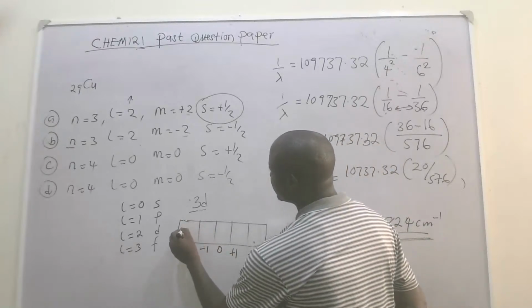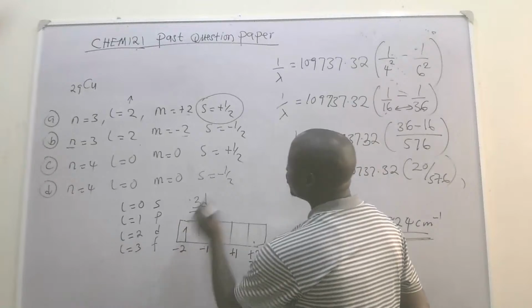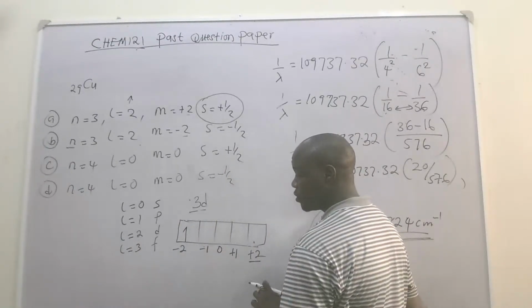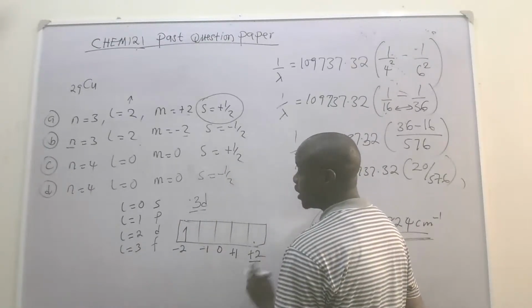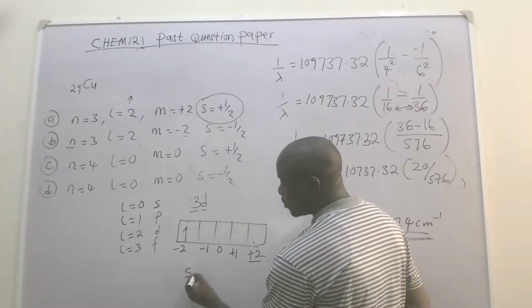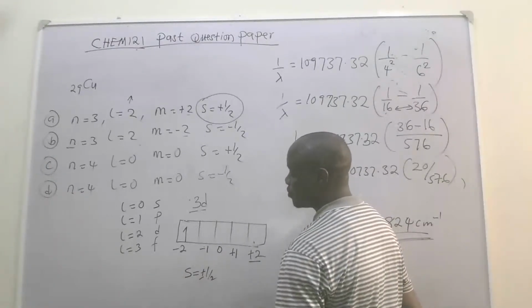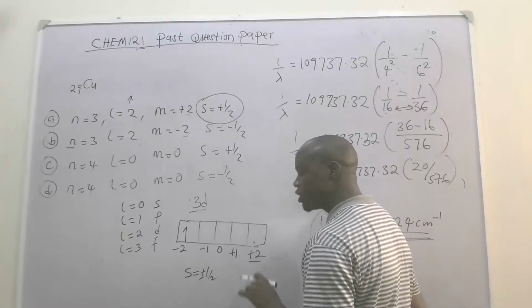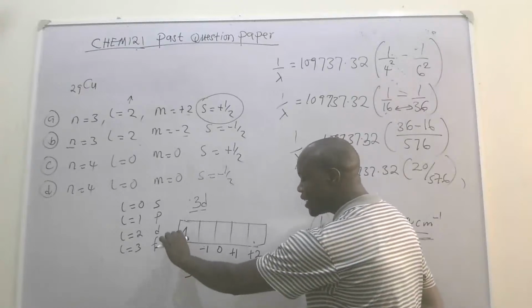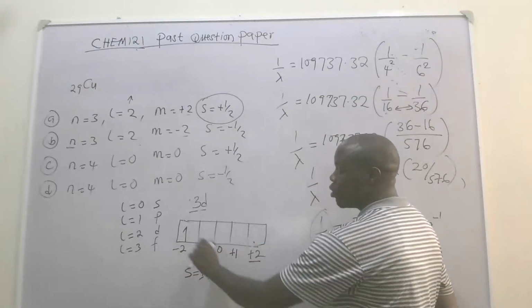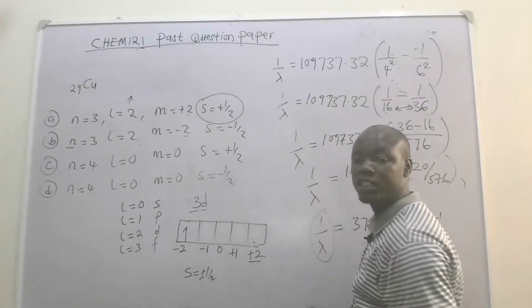Because here it is minus half, and remember, the range of values of the spin quantum number is plus or minus half.